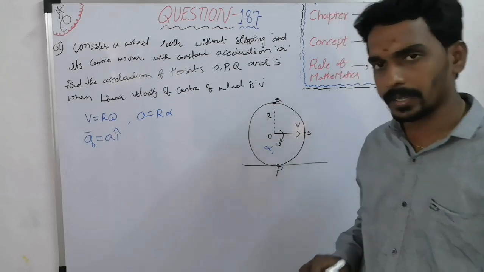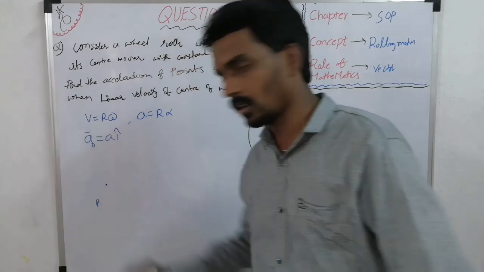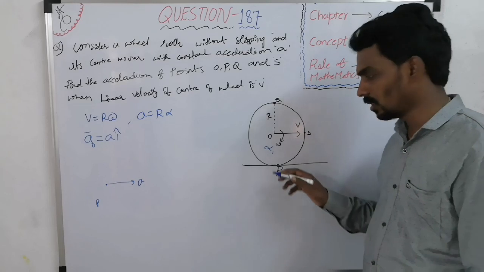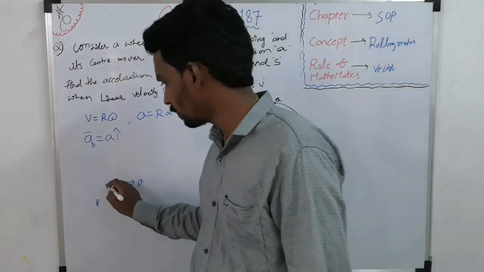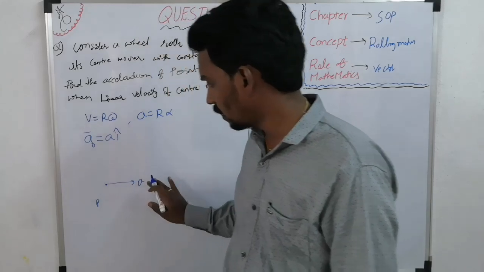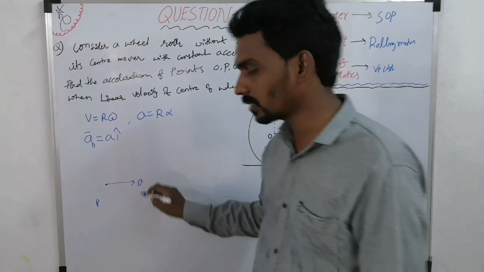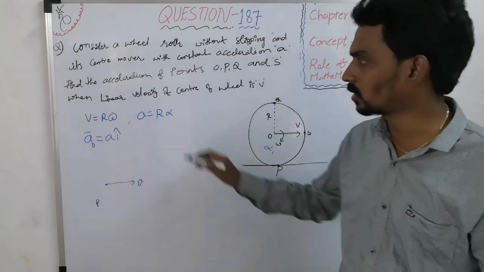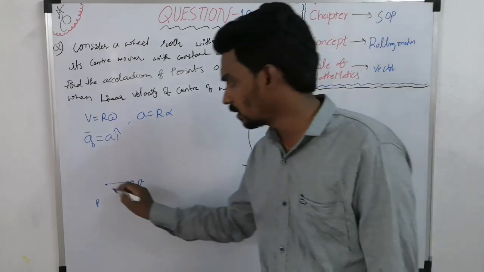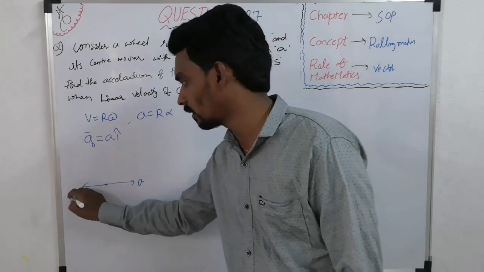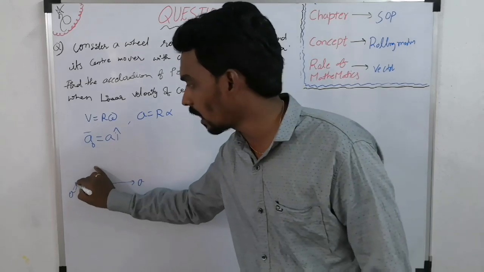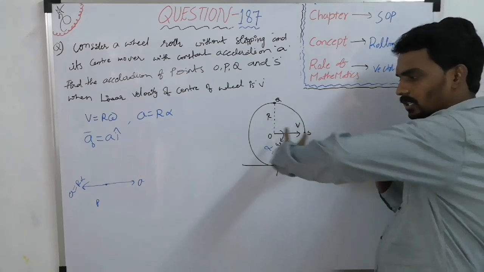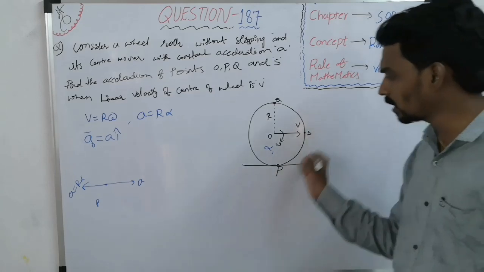Now if you consider the point P, there is one acceleration due to translational motion, forward, and another acceleration due to rotational motion, tangential, a equal to r alpha, in the backward direction, because the rotation is backward.